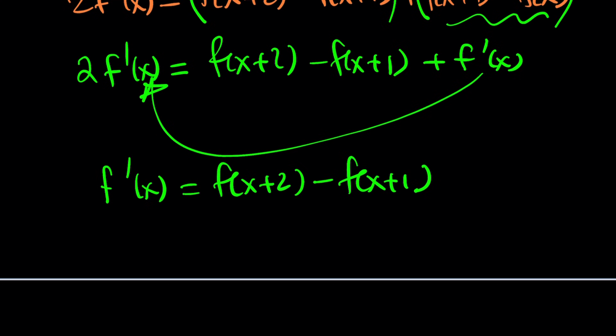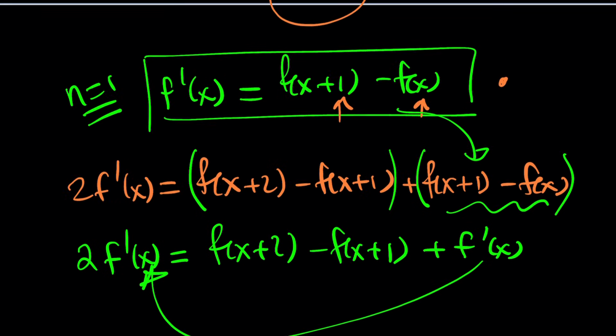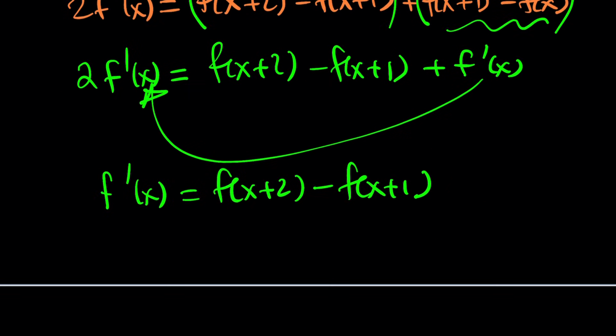One way is, remember, f prime, earlier we said that it's the same as f of x plus 1 minus f of x, so you could bring that down and say that this expression is equal to that expression. And what is that supposed to mean? Something to think about. Consecutive numbers will give you the same output difference. I don't know, something like that. But there's actually a better way to approach this problem, in my opinion. But here's what you can do.